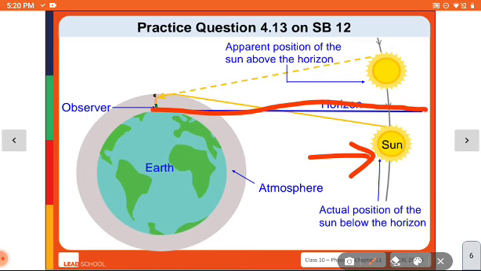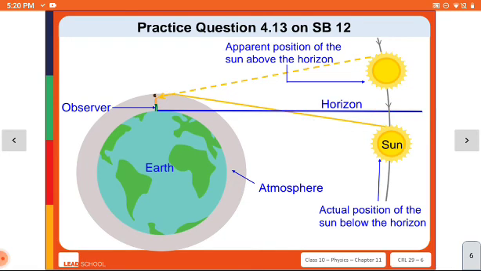But due to atmospheric refraction, it is observed before the time.